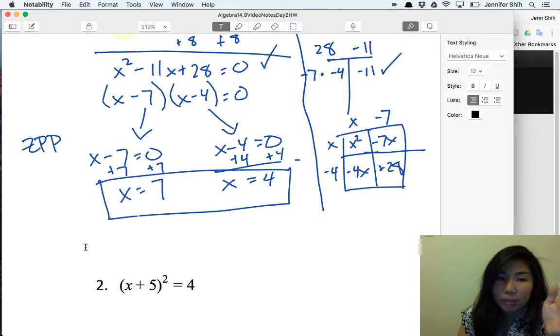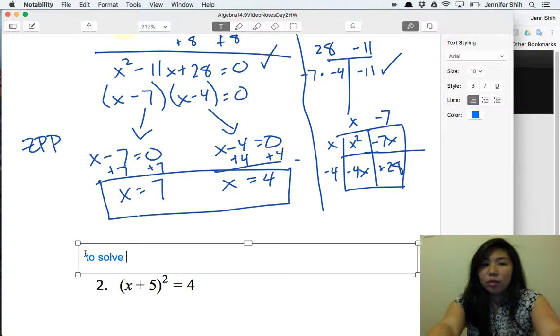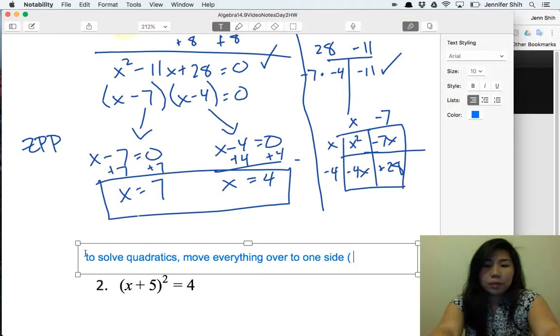So recap. To solve quadratics, move everything over to one side so it's equal to 0.